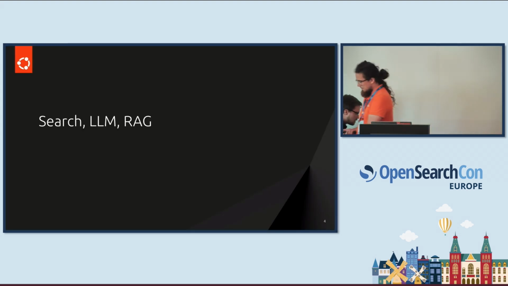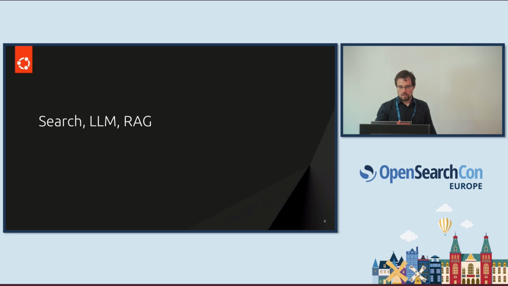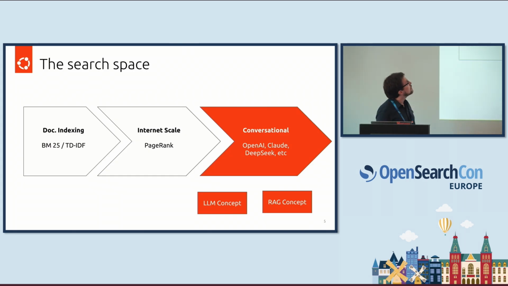I'll be honest with you. I'm going to start with a quick summary. I'm pretty sure here in the audience there are people that are way more versed in search and the engines behind the scenes. So this is just a quick summary of the way we are seeing it when we look into the LLM market. We started with document indexing algorithms like BM25, TF-IDF.